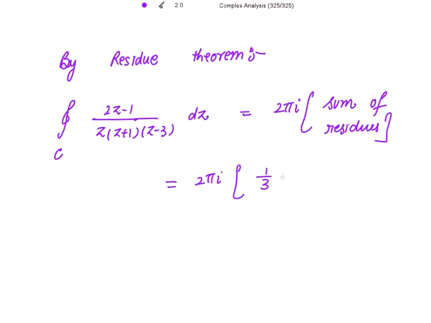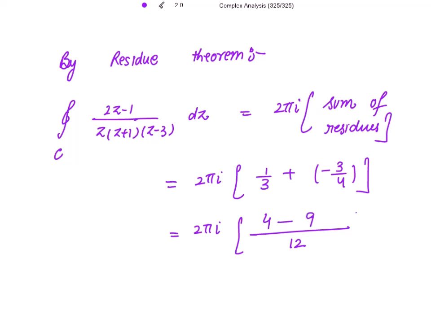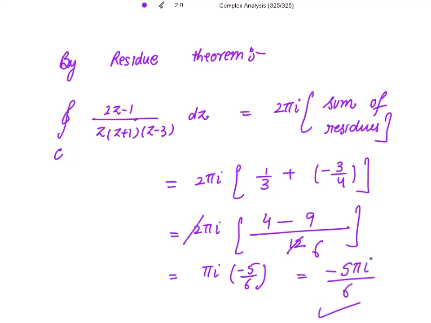So this is 1/3 plus (-3/4). Taking the LCM, that is 2 pi i into (4 - 9)/12. So this is pi i into -5/6, that is -5 pi i/6, which is the required answer for the given integral.